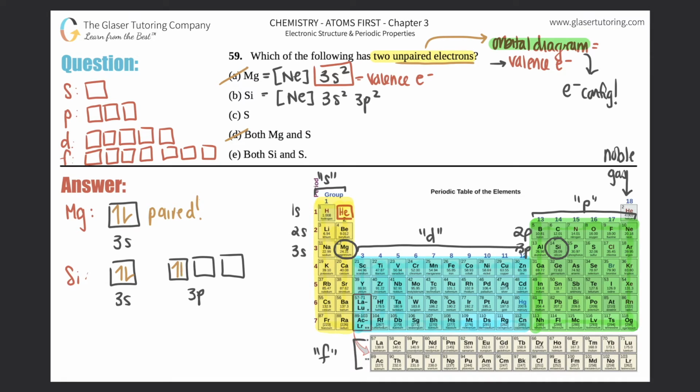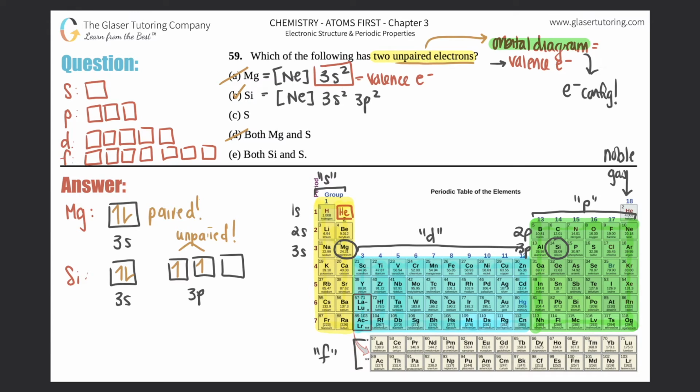It's not going to fit in the same seat, or the same box. If there are available seats, it's going to want its own seat, so it would go here. Are these electrons paired or unpaired? These are unpaired, 1 here and 1 here. So 2 unpaired electrons. This would check out.